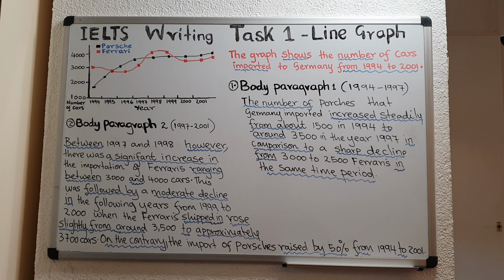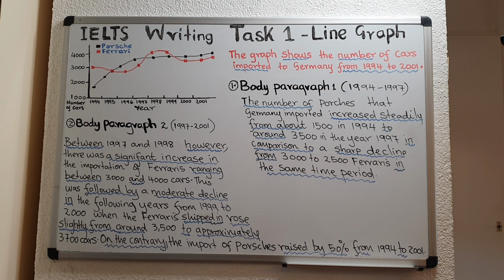So between 1997 and 1998, however, I'm using that linking word, however, because in the previous paragraph, I ended with the Ferraris having a decline, meaning Germany was importing fewer Ferraris between 1994 and 1997. But after that, Germany started importing more Ferraris. That's why I'm using the word however.